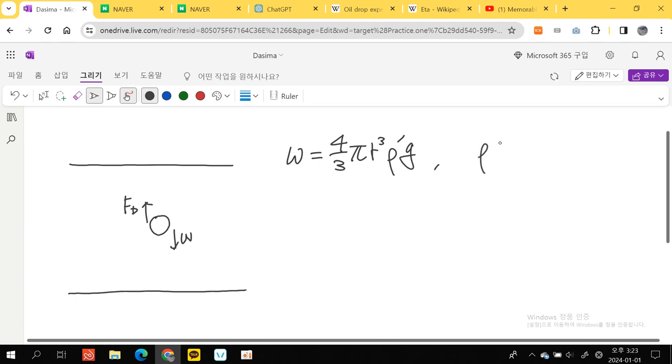This apparent density is the difference between the density of the oil and the density of air.